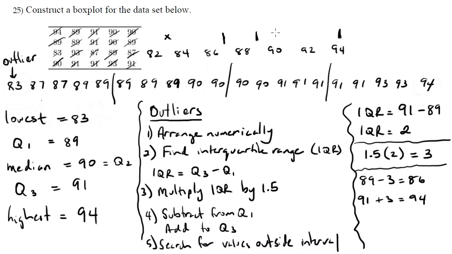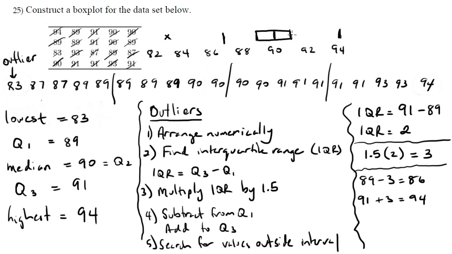I make a segment at my median, 90. I make a segment at Q3, 91. Those 3 middle values, that's my box. The vertical segment in that box, that's my median. Here's my Q1, my Q3. Those are the ends of my box.